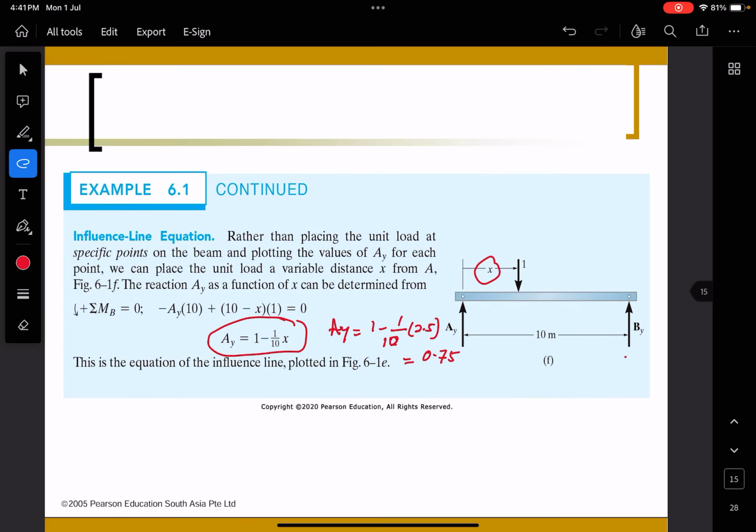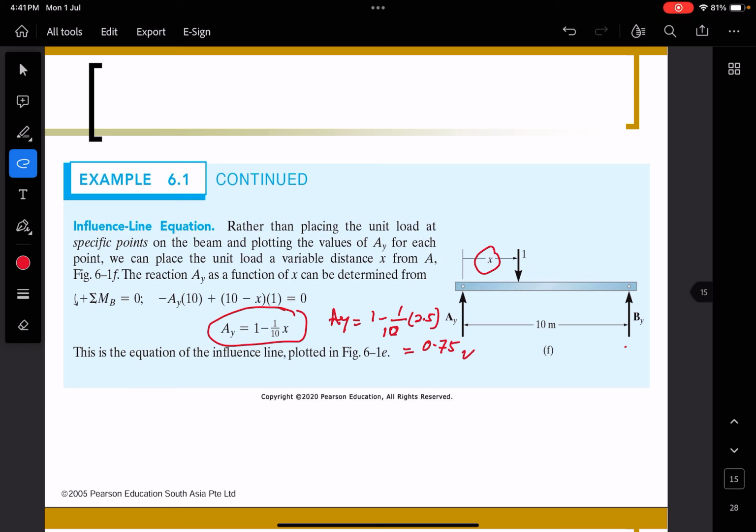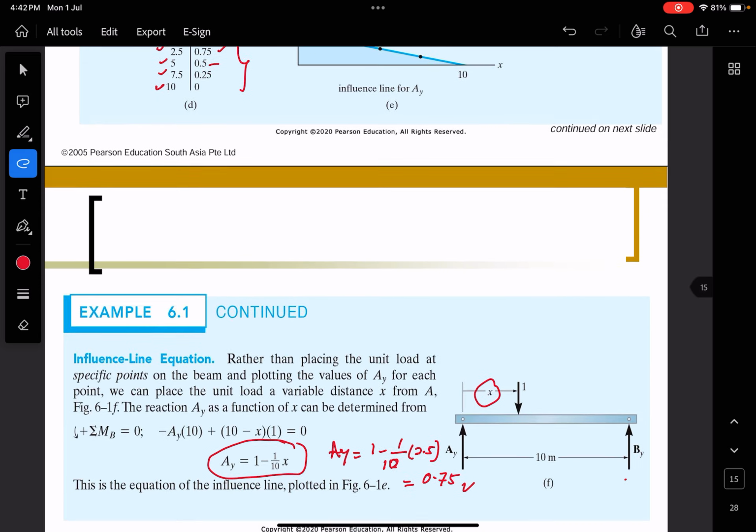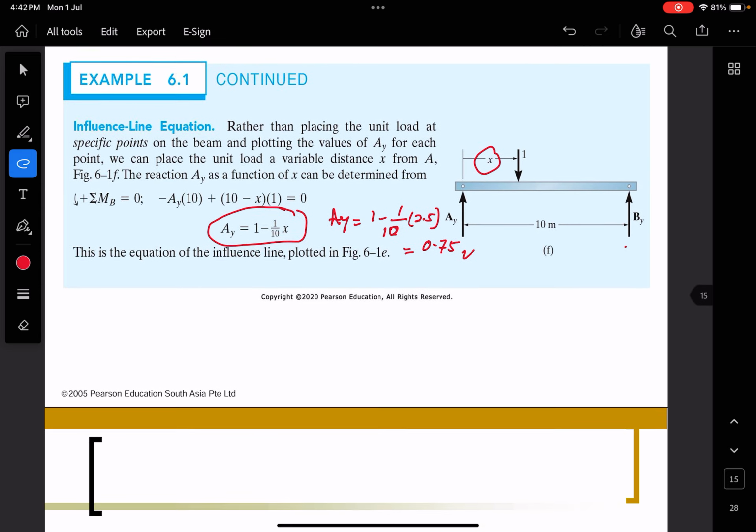Yeah. Your AY is still the same at x equal to 2.5 meter. Then you can plot. So end up you will have the same influence line, the same diagram. Yeah? So you can choose either to use tabulate values or you can use influence line equation.